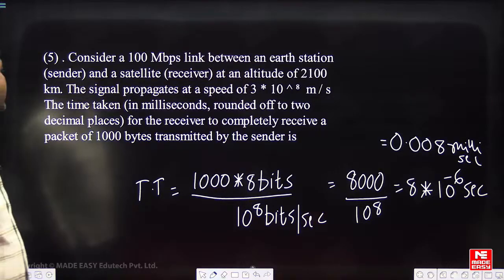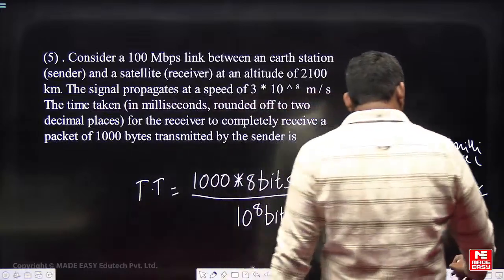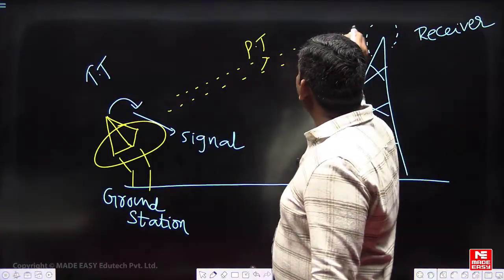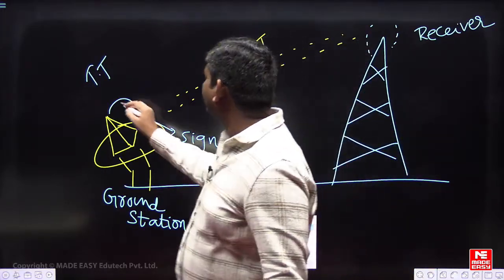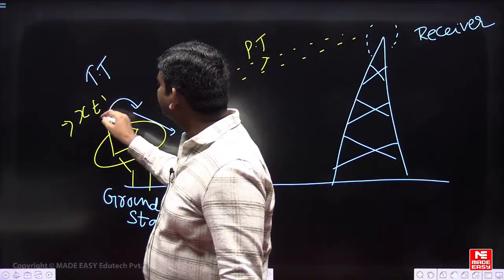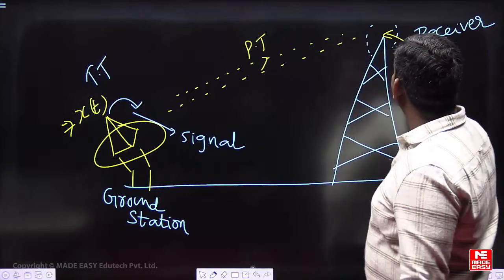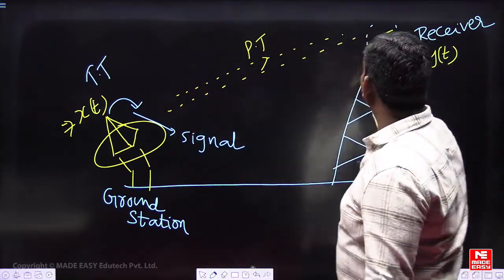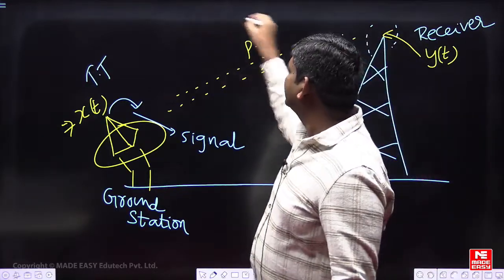Then after the transmission time, the signal has to propagate. You can see in this diagram, after placing that, the signal has to propagate. That time you can call P of t. The signal whatever you transmit, you can call x of t, and once it is received, it will not be x of t, it will be some y of t, because some delay is there, like T t and P t, and there will be some shift also, because the signals can be diverted.